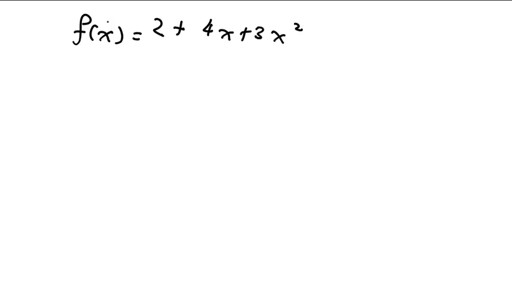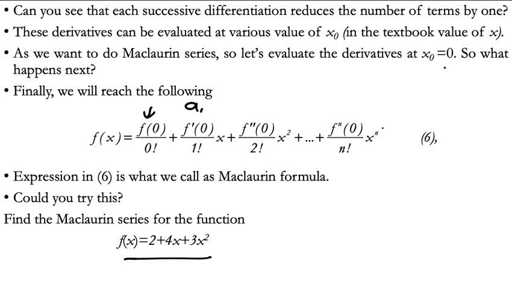So we want to get the Maclaurin series expansions. What we need to do here is that if you go back to the Maclaurin formula, it is given by expression 6, isn't it? So you need to find f prime x naught evaluated at 0, f double prime x naught evaluated at 0 as well, so on and so forth.